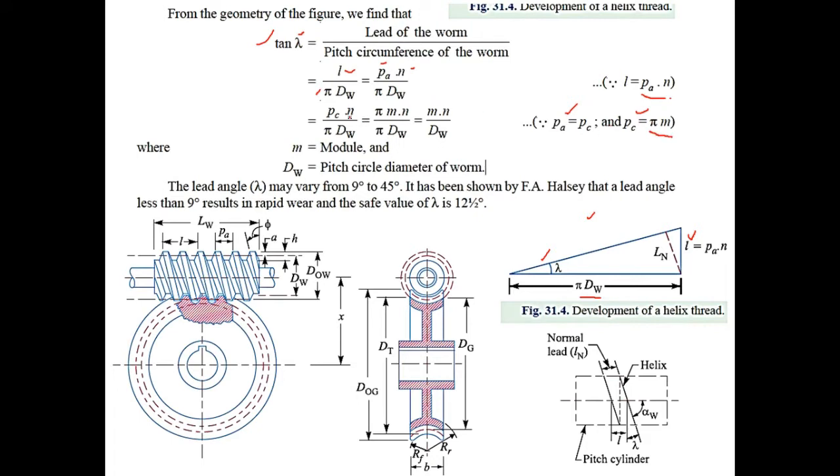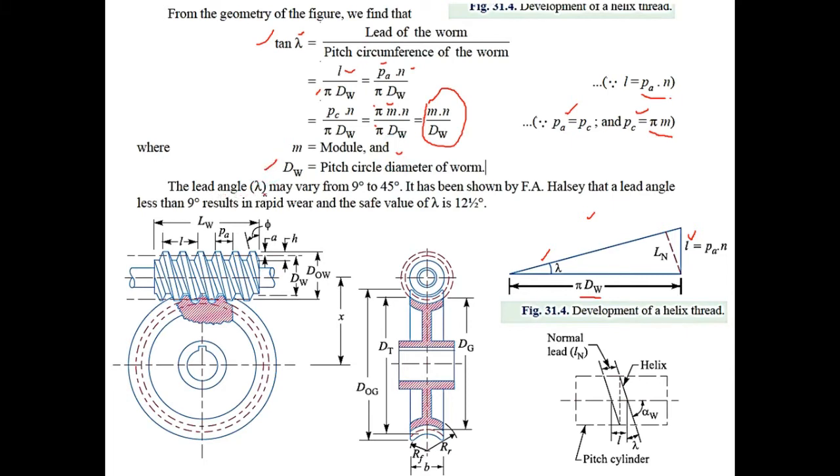When we put the value, PC into n, and PC will be equal to pi into m into n. So then pi will be cancelled. Then here there will be three parameters, m n divided by dw. M is the module and dw is the pitch circle diameter of the worm.